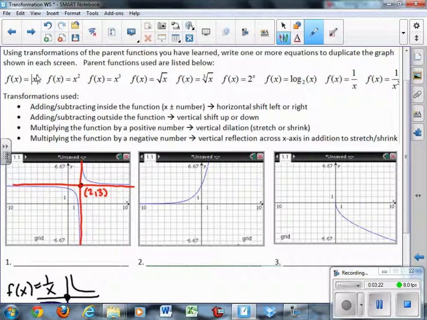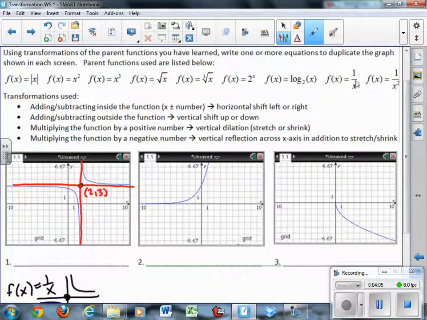For example, if I changed what was inside the absolute value to x plus 3, or x plus 3 the quantity squared, or the quantity cubed, or the square root of the quantity x plus 3, or the cube root, or 2 to the x plus 3 power, or log base 2 of x plus 3, or 1 over x plus 3, or 1 over the quantity x plus 3 squared, that would shift any of these graphs 3 to the left if I put x plus 3 in place of x.